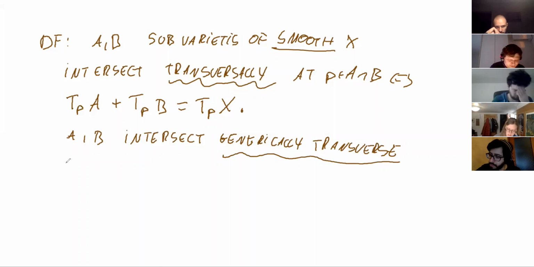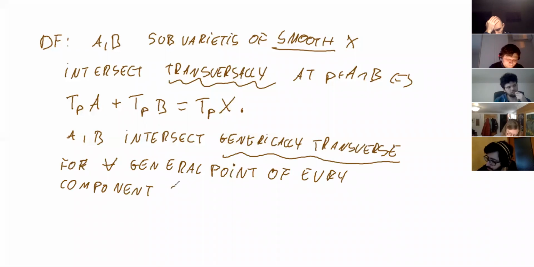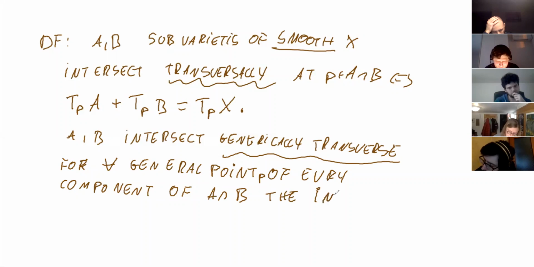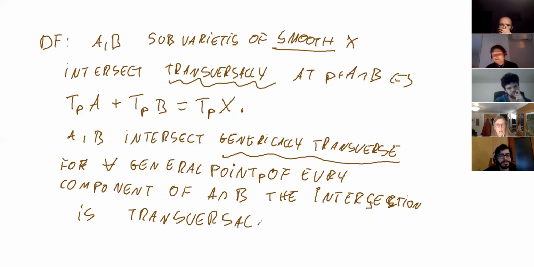And we say that A and B intersect generically transversally if for every general point P of every component of A intersected with B, the intersection is transversal at P. So you pick a general point of any component, let's say a random point for every component.